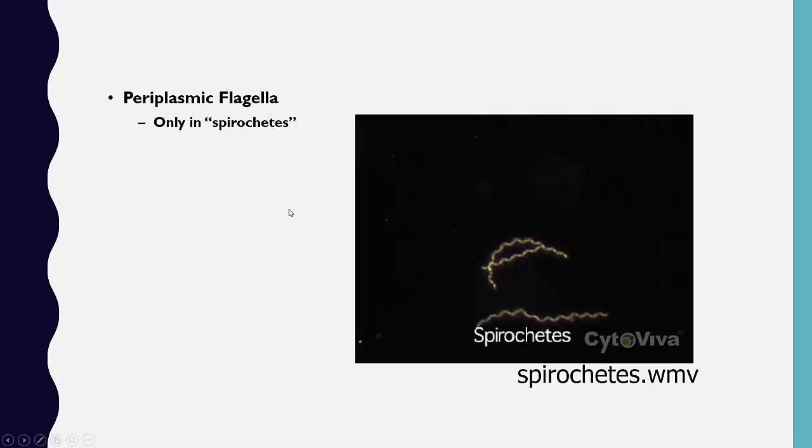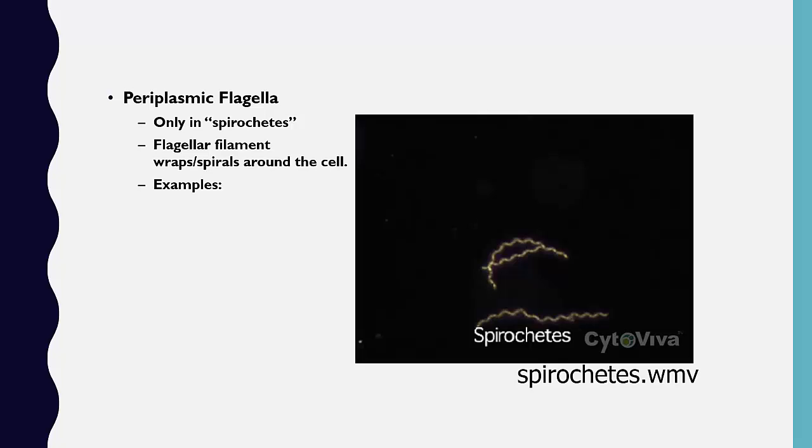These types of flagella wrap around the body of a very elongated bacterial cell. You see these periplasmic flagella only in spirochetes. Remember the flexible spiral kinds of bacteria? Oh, yeah.